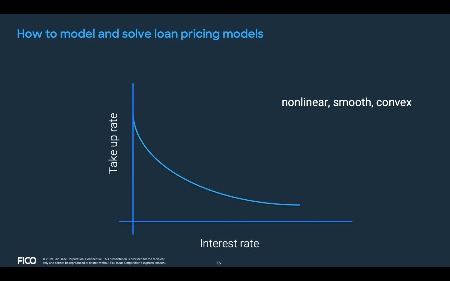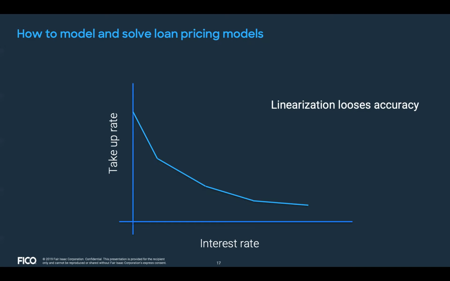And one important factor going into this is, when I offer a loan at a certain interest rate, to make it really simple here, what's the take-up rate by that customer segment. And as you can imagine, if I increase the interest rate for a loan, the take-up rate will decrease. So this is what you're seeing here. And in our ideal scenario, it's a nonlinear, smooth, convex function.